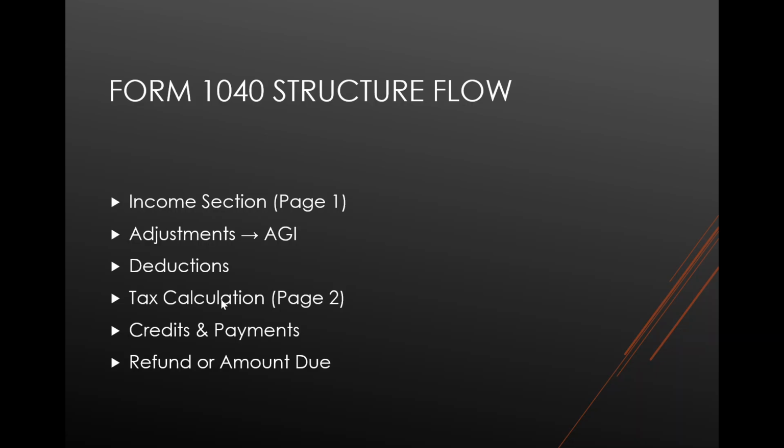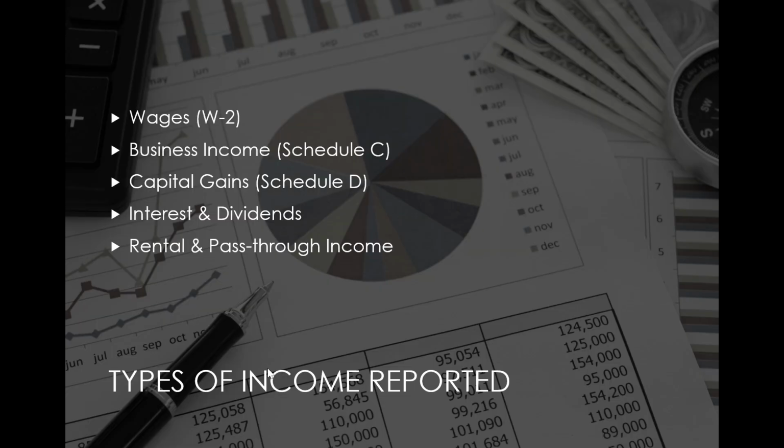As per the slab rate, he can calculate the tax, and after that use the payments he has made and the tax credits he is eligible for. After that, whether the amount of tax is a refund or an amount due will come.